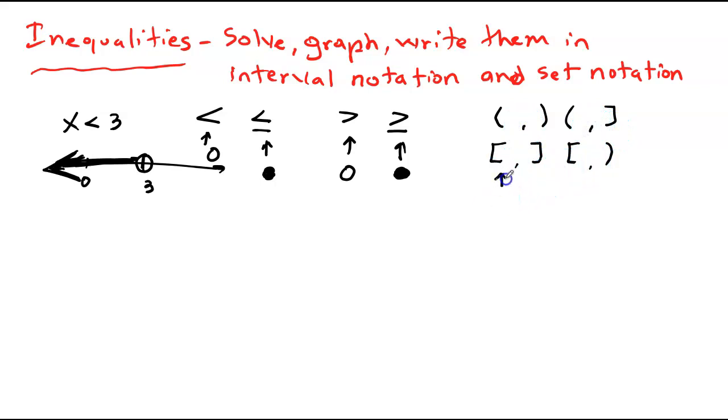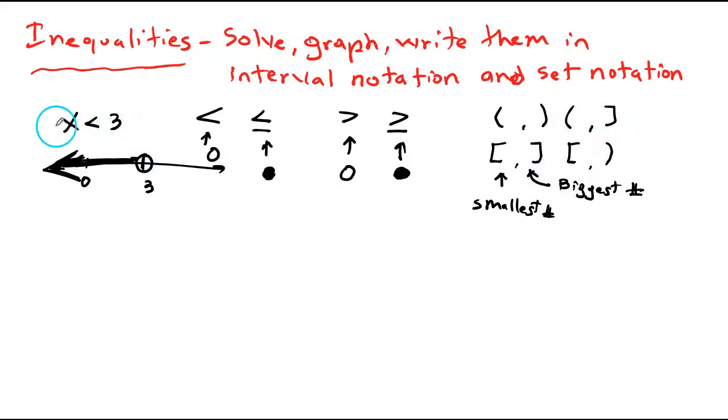The number that goes on the left is the smallest number. The number that goes on the right is the biggest number. In all of them, left side, smallest, right side, biggest, on every single one of them.